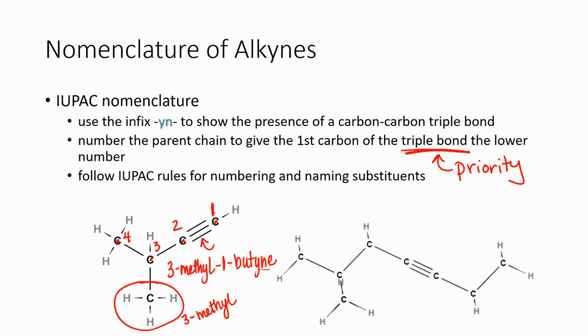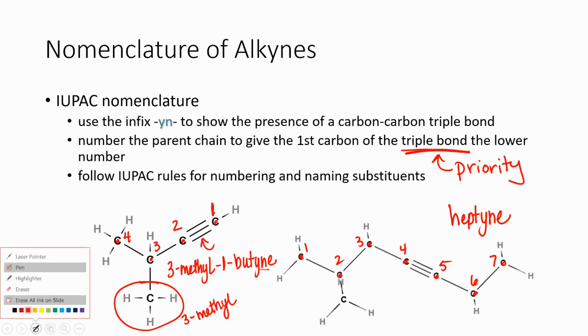Now let's look for the longest chain on the right here. 1, 2, 3, 4, 5, 6, 7. So we've got 7 carbons. 7 carbons is hept. We'll call it heptyne. Let's figure out how to number that. If we start from the left, we're going to have 1, 2, 3, 4 heptyne.